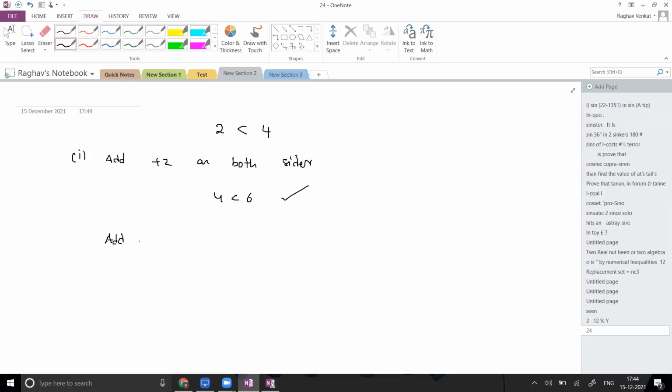Add minus 2 on both sides: zero less than 2. Add minus 2 or subtraction, both are the same. Subtract 2 on both sides. You are adding and subtracting, not multiplying here. Take minus 2 less than 4. I am adding minus 2 to both sides, minus 2 less than 4 minus 2, and I get minus 4 less than 2.